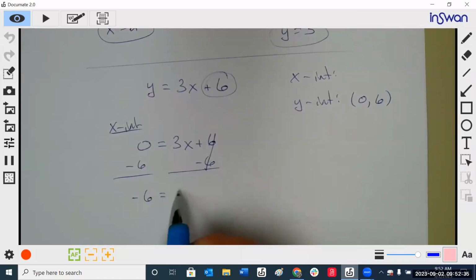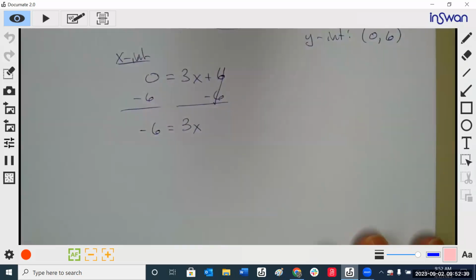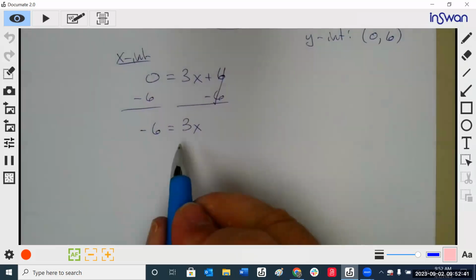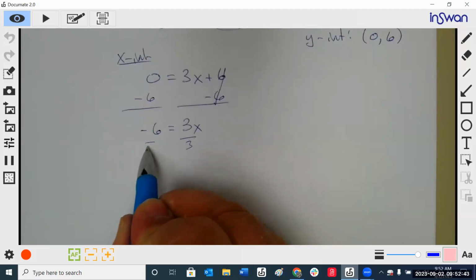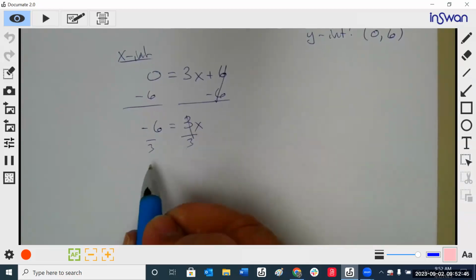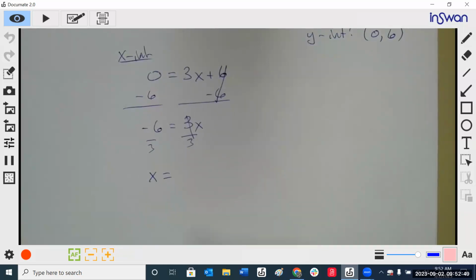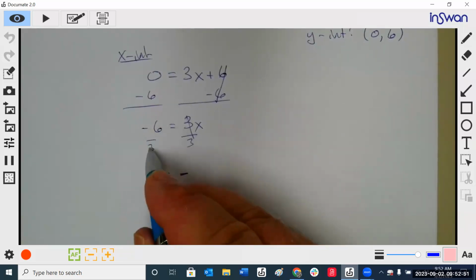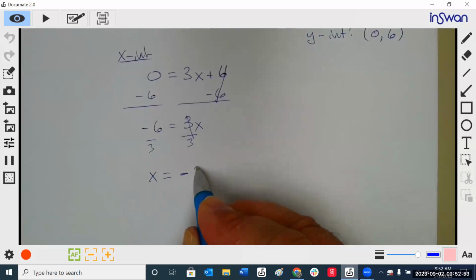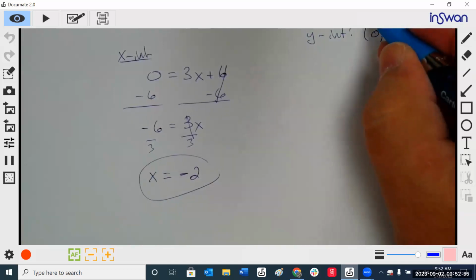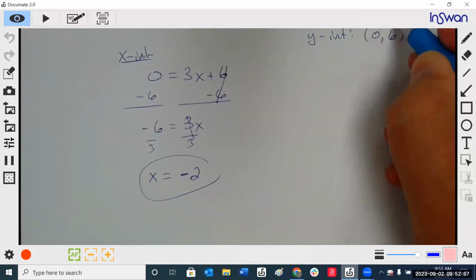So -6 equals 3x, and divide by 3. Very good. So x is equal to, is the answer going to be positive or negative? 6 divided by 3. So the x-intercept is at (-2, 0).